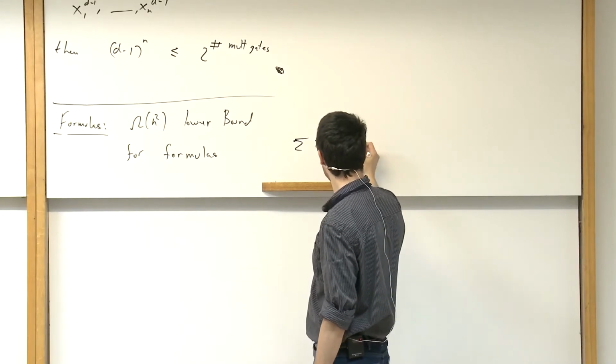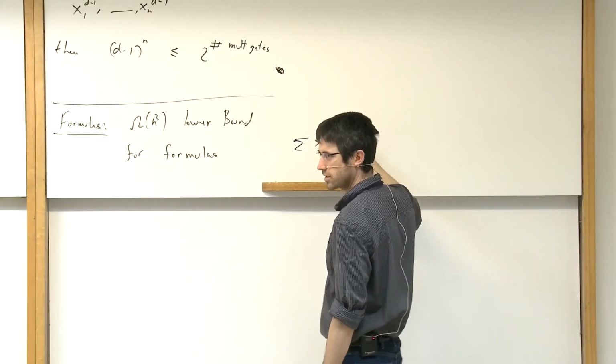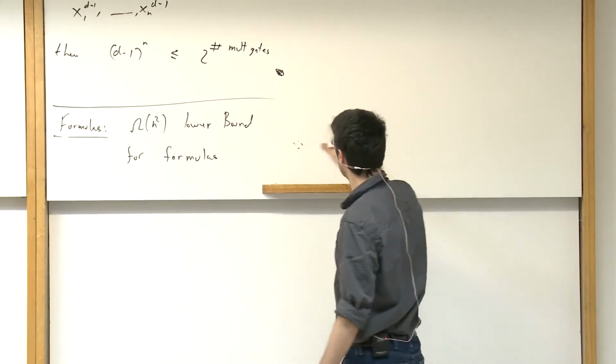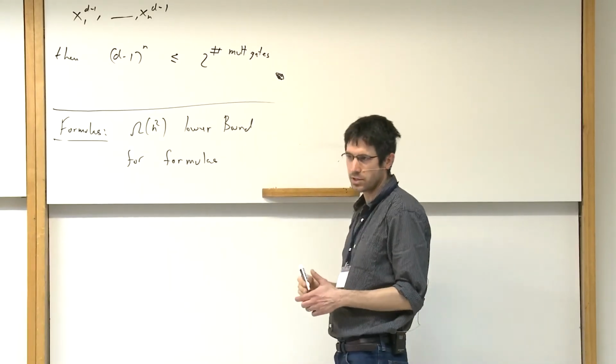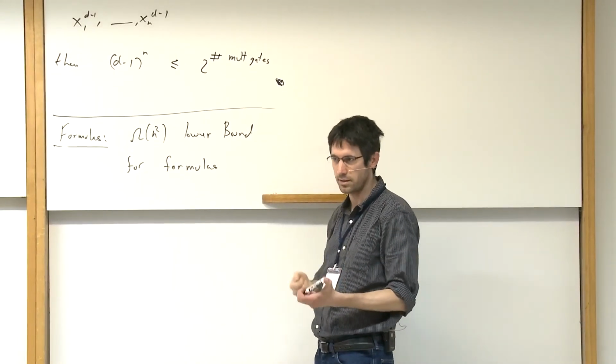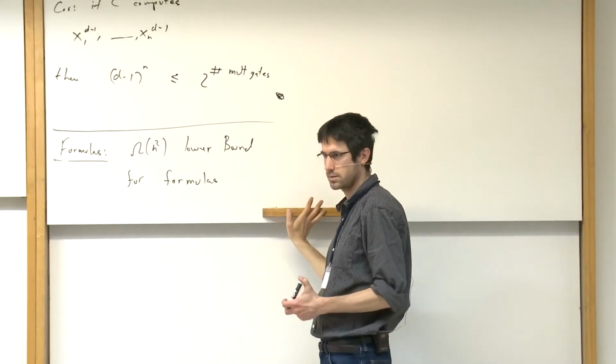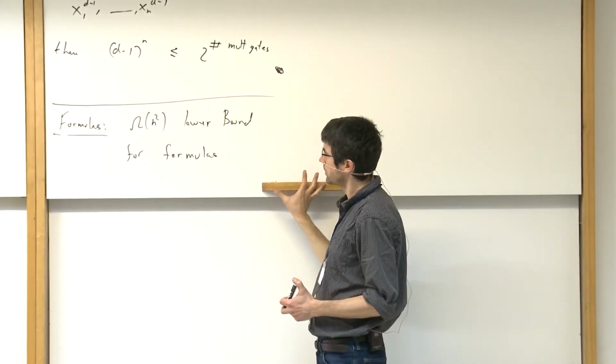No, but that's degree 1, no? Okay, there has to be something. The idea is that you want the partial derivatives to be algebraically independent, and then you get around omega n squared.